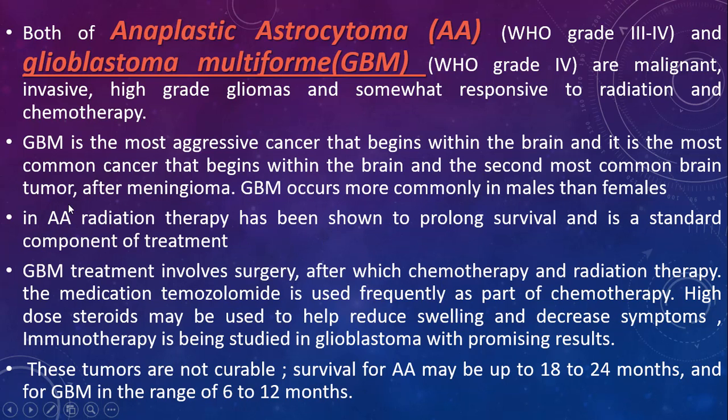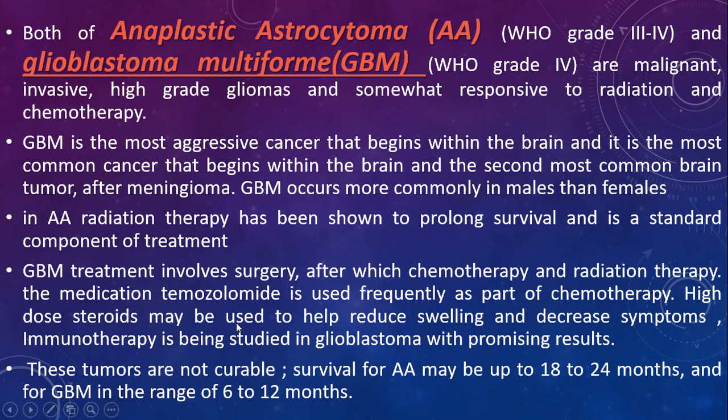In anaplastic astrocytoma, or AA, radiation therapy has been shown to prolong survival and is a standard component of treatment. GBM treatment involves surgery, after which chemotherapy and radiation therapy. The medication temozolomide is used frequently as a part of the chemotherapy.